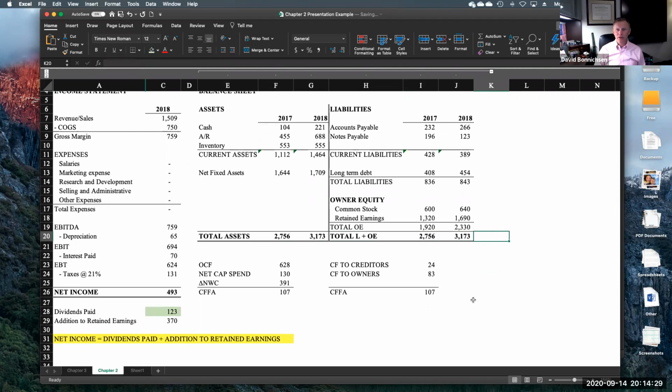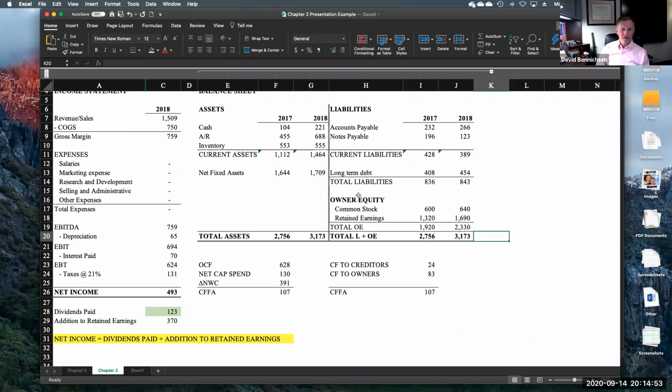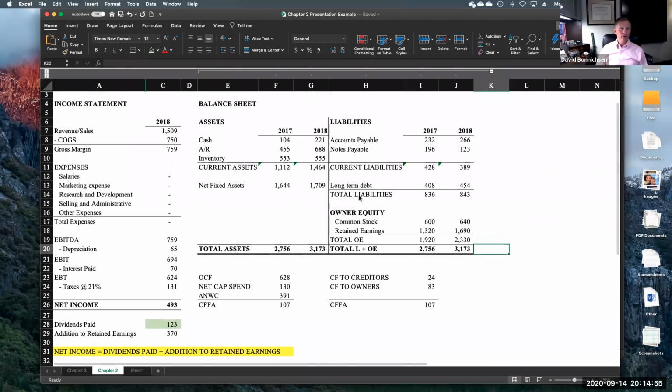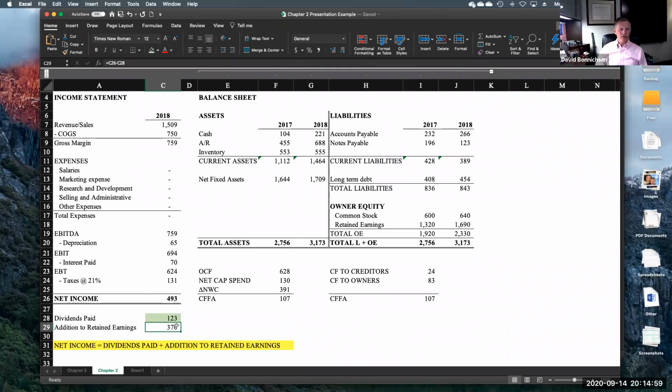What's the difference between that 1690 and 1320? $360. How much? 370. 370. Oh, yeah. Wait, where do we see that 370 number? Oh, on the income statement. Aha, there it is right there.